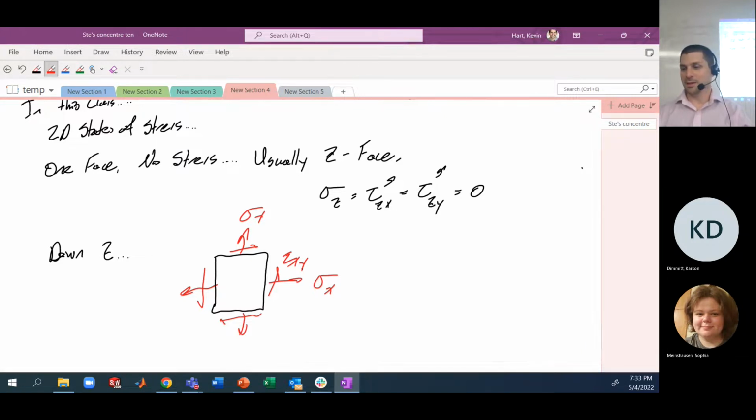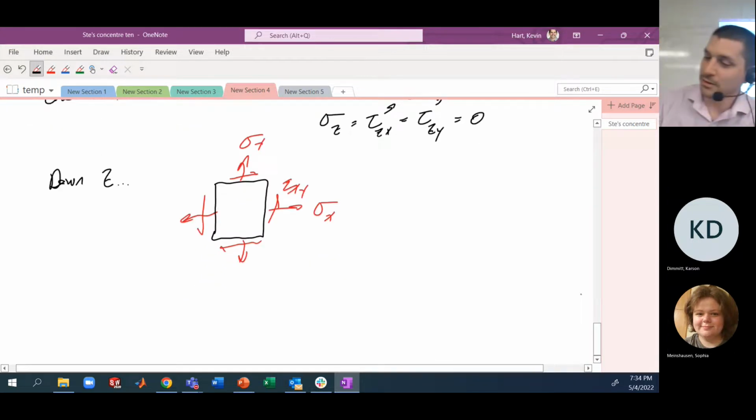And this here is the 2D stress element, or the 2D element of plane stress, and it tends to happen on the surface of materials, the surface of bars. That might be something that you see for combined loading, maybe. Okay? So this is our general 2D stress element.